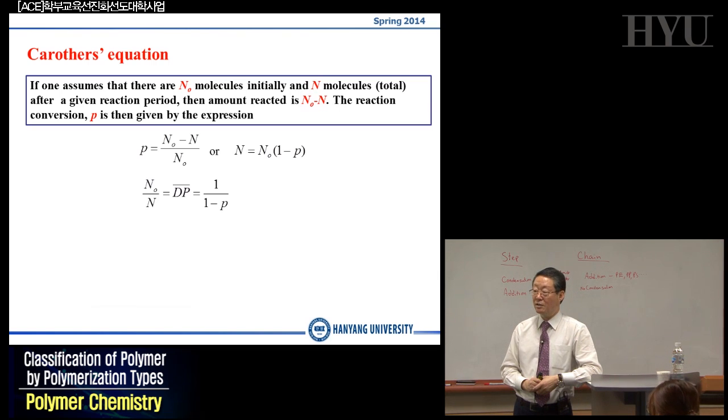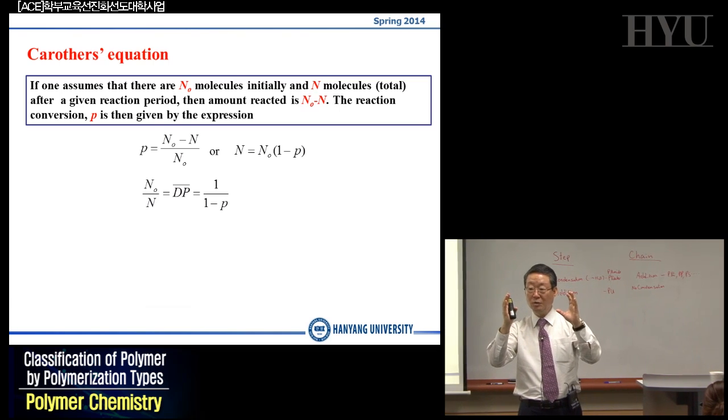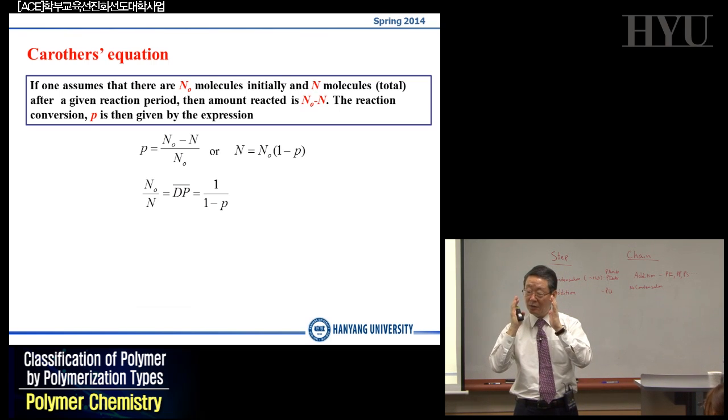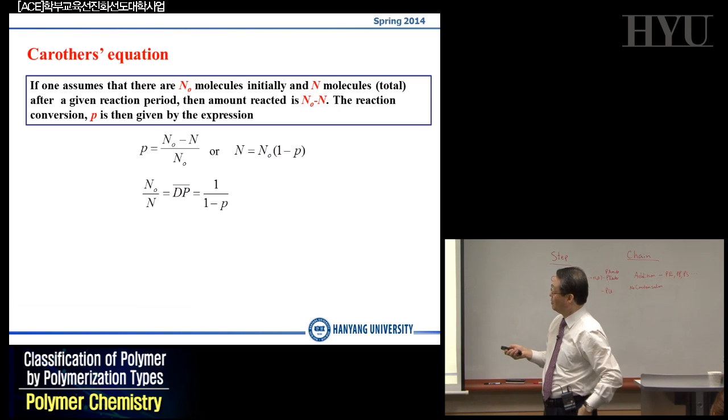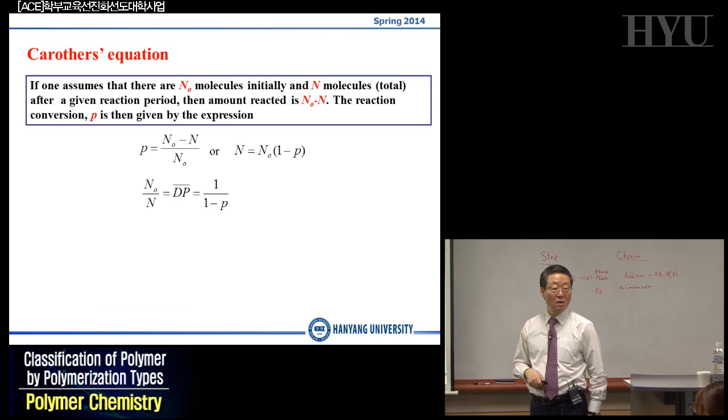If you know the initial number of molecules and the number of molecules at a given time t, you can calculate the DP. Because N is equal to N0 times 1 minus p, if you replace N with N0 times 1 minus p, then you can cancel this out to become 1 over 1 minus p.